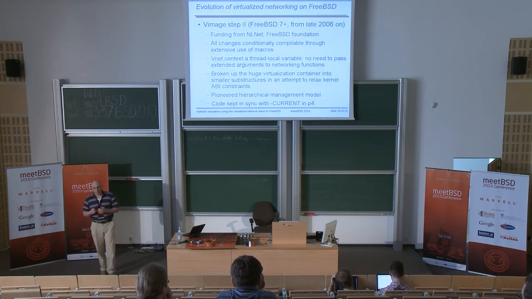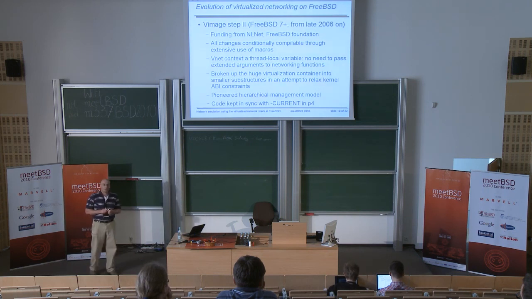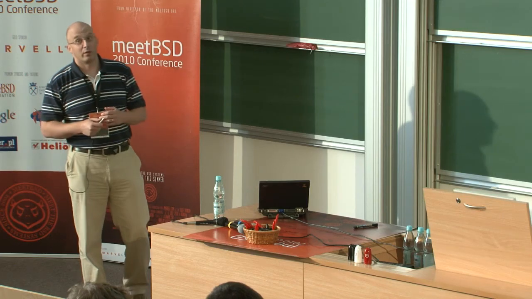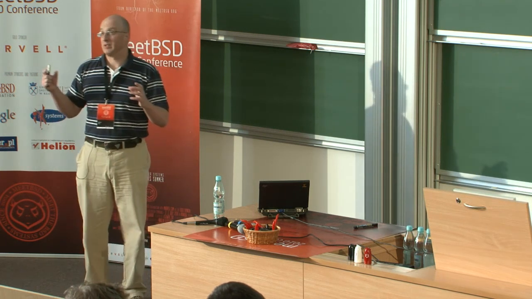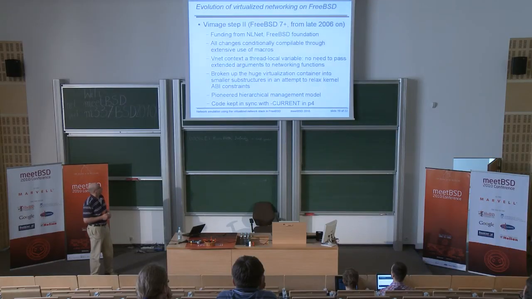It appeared that the need to pass an additional argument, a pointer to the Vnet context to work on, was actually not necessary if we could pass this implicitly as a thread local variable. And this seems to work well. So no function definitions had to be changed in the existing code.